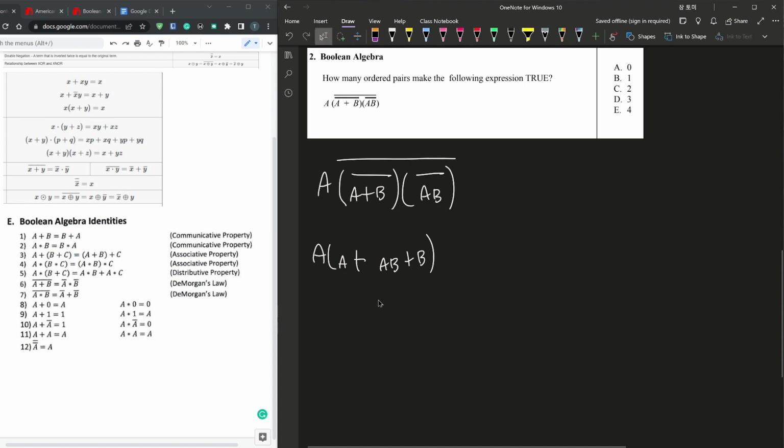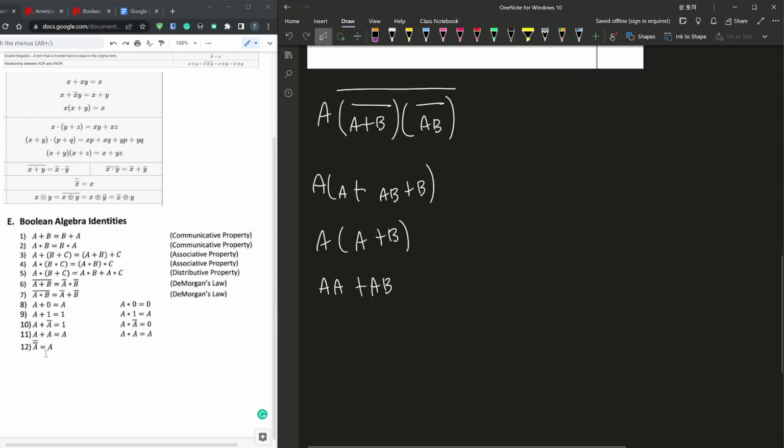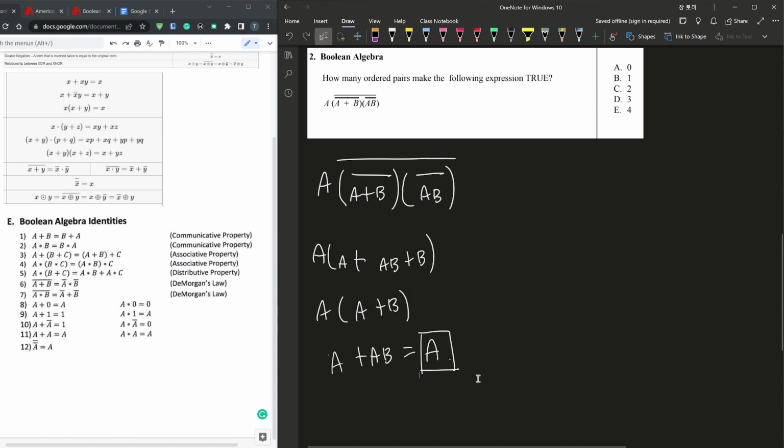A plus ab is just a plus b, if we distribute, but we know that a times a is just a. So we have a plus ab, and we know that a plus ab is the same format as x plus xy, so that's just absorption law. A plus ab is a. So then the final simplification for this identity is a.